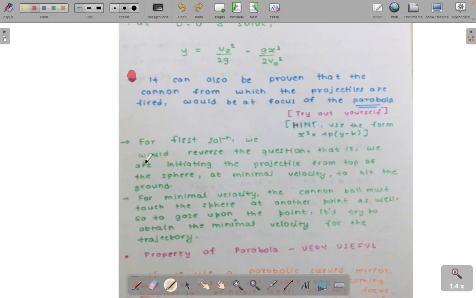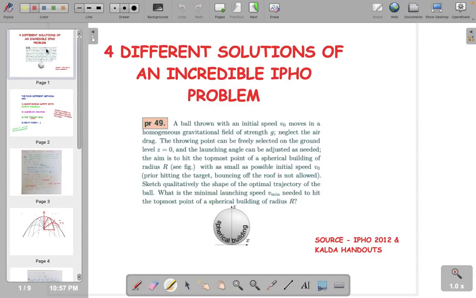So for the first solution, we would reverse the question. That is, we are initiating the projectile from the top of the sphere with the minimum velocity to hit the ground. So actually the question says that we have to find the minimum speed from the ground to hit the topmost point, but we are reversing this process in order to find the speed with which we are hitting the ground.